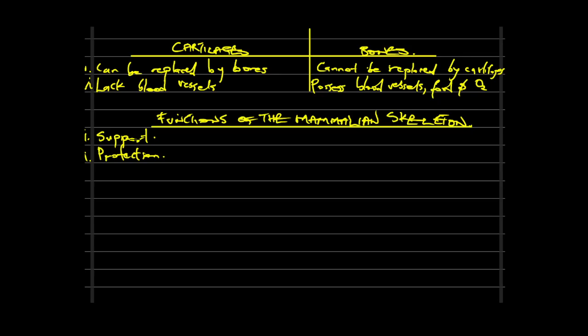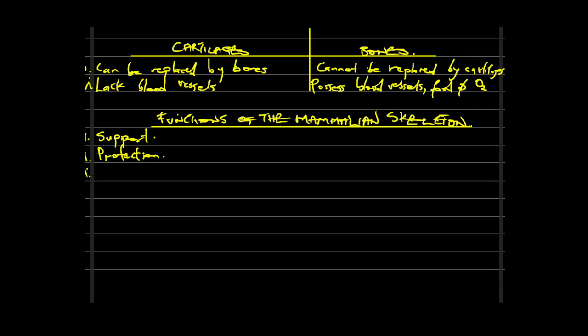Example, the skull. The skull is part of the skeleton. It's called the cranium, or the cranial box, as the case might be. The skull protects the brain from being crushed. The vertebral column protects also the spinal cord from being crushed. So they serve the function of protecting some internal organs.